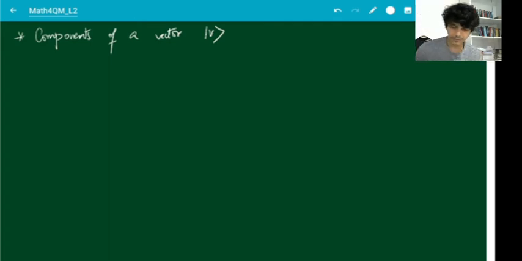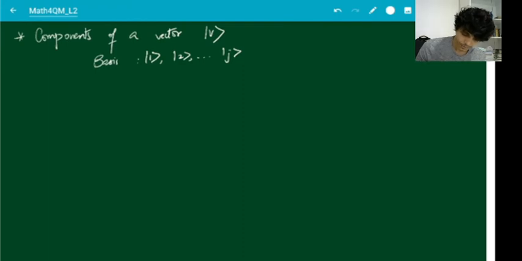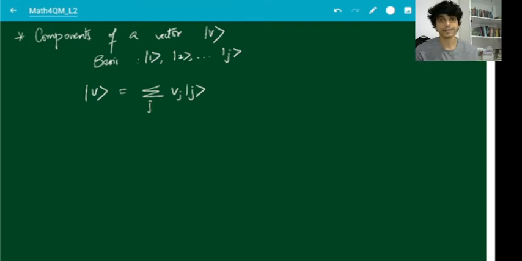Exactly the same thing is going to happen over here. So suppose once again I'm working with the basis referred to as 1, 2, and in general j. So that means I can write my vector v as summation over j of some components vj with the basis vector j.